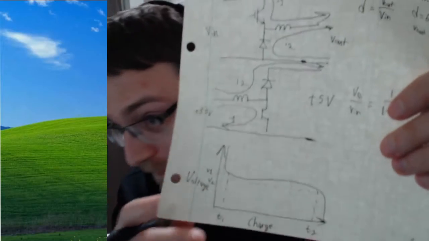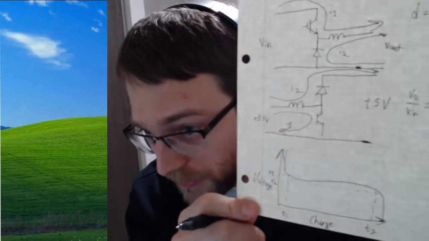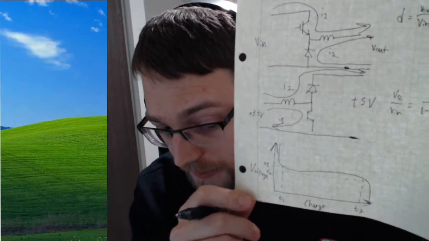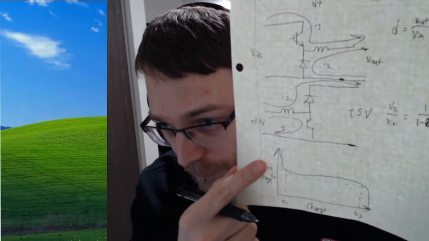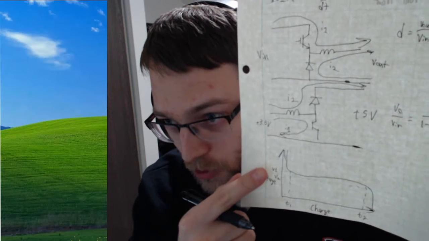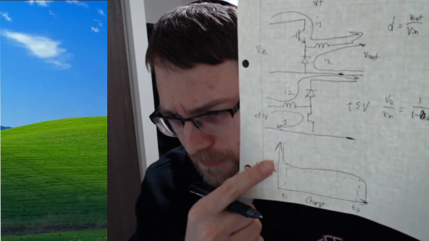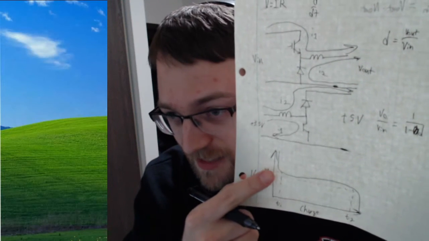Batteries are nonlinear devices because their voltage is based on the amount of charge in them. And once you get up here to the high range where you're at 90% charge or something like that, I guess this chart should be reversed, but it's a bit late for that.